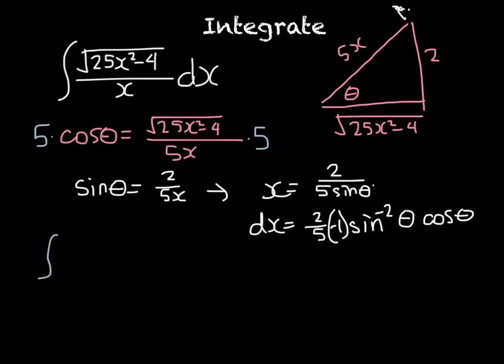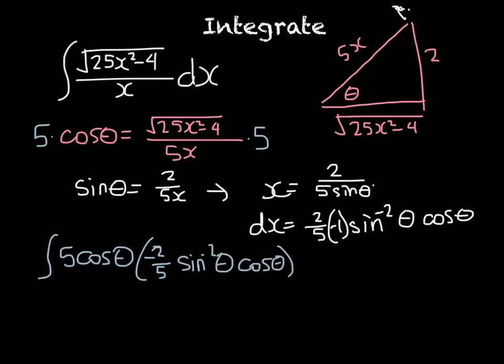This part can be replaced by a 5 cosine theta, and then for dx we'll write in a negative 2/5 times sine to the power of negative 2 times a cosine d theta. So now that gives us the integral of negative 2 cosine squared theta over sine squared theta d theta.